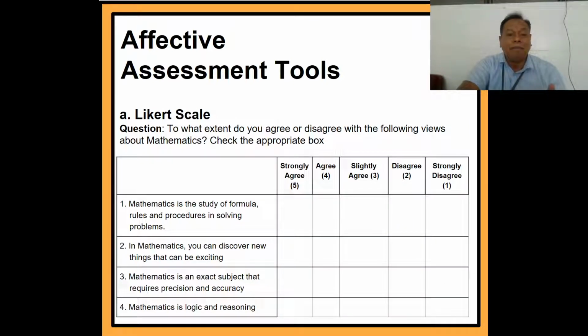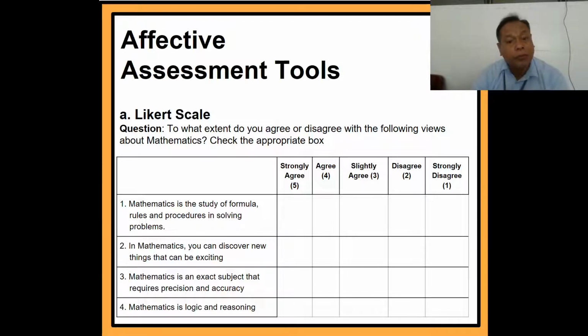This is an example of a Likert scale. For example, you want to ask, to what extent do you agree or disagree with the following views about mathematics? Check the appropriate box. Number one, mathematics is the study of formulas, rules, and procedures in solving problems.